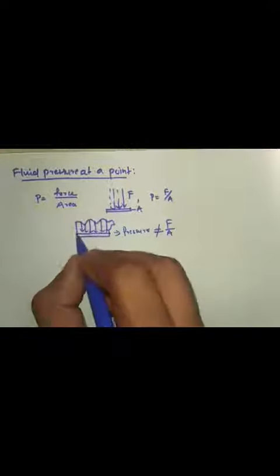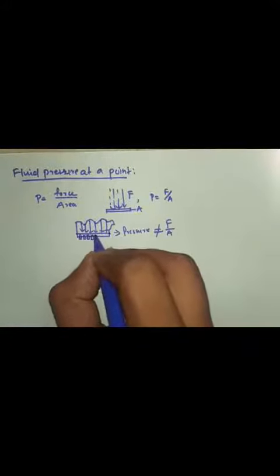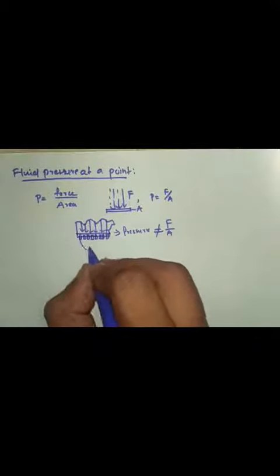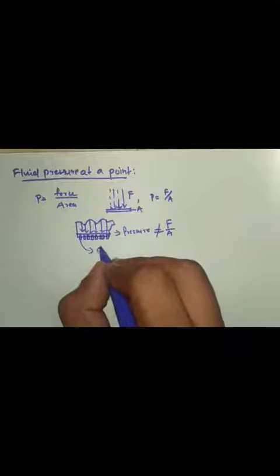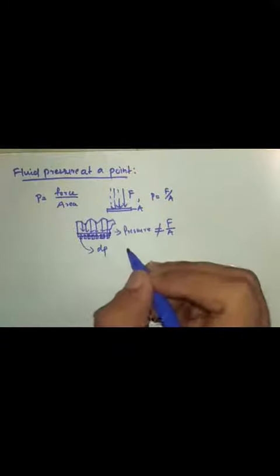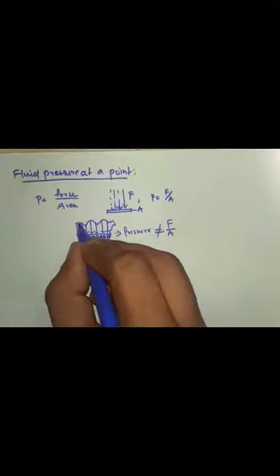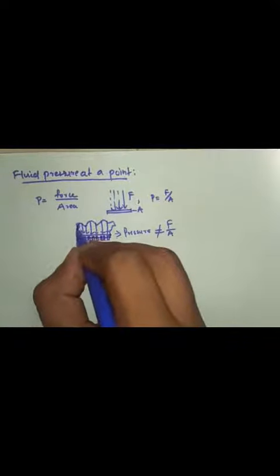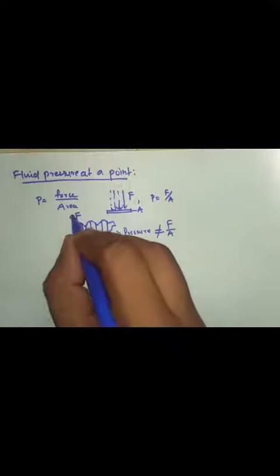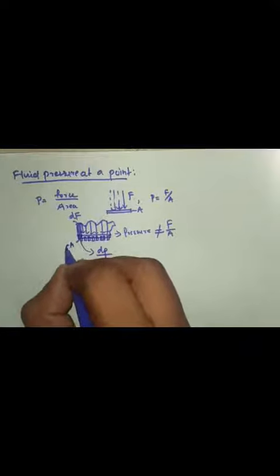Here you have to calculate the pressure at every single point. So the pressure here is called dP, the small pressure, and how to calculate it? This will be the part of the force acting here, this much force dF, divided by this much area, dA.